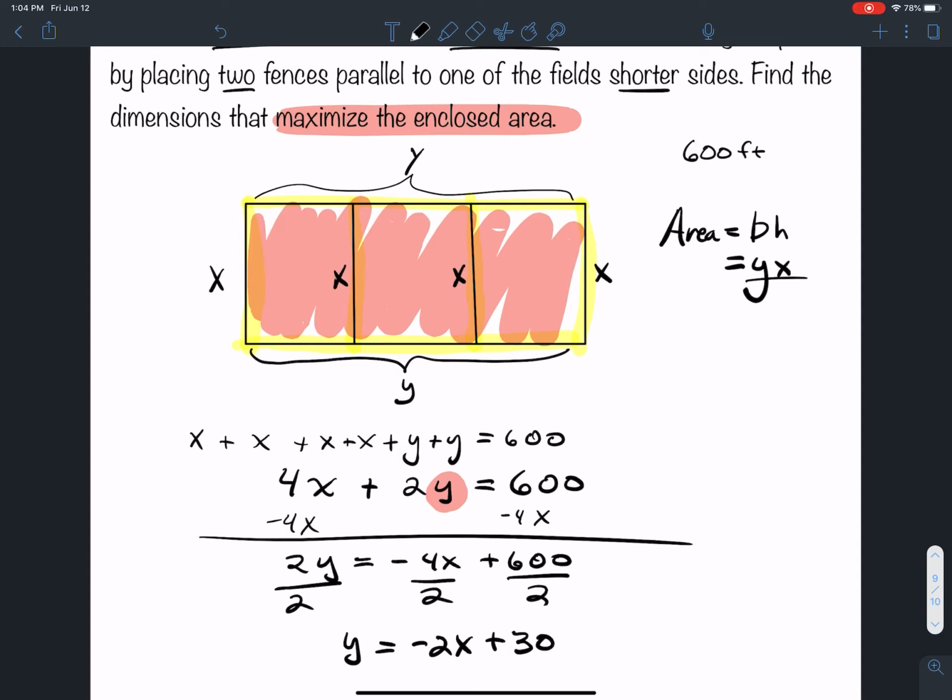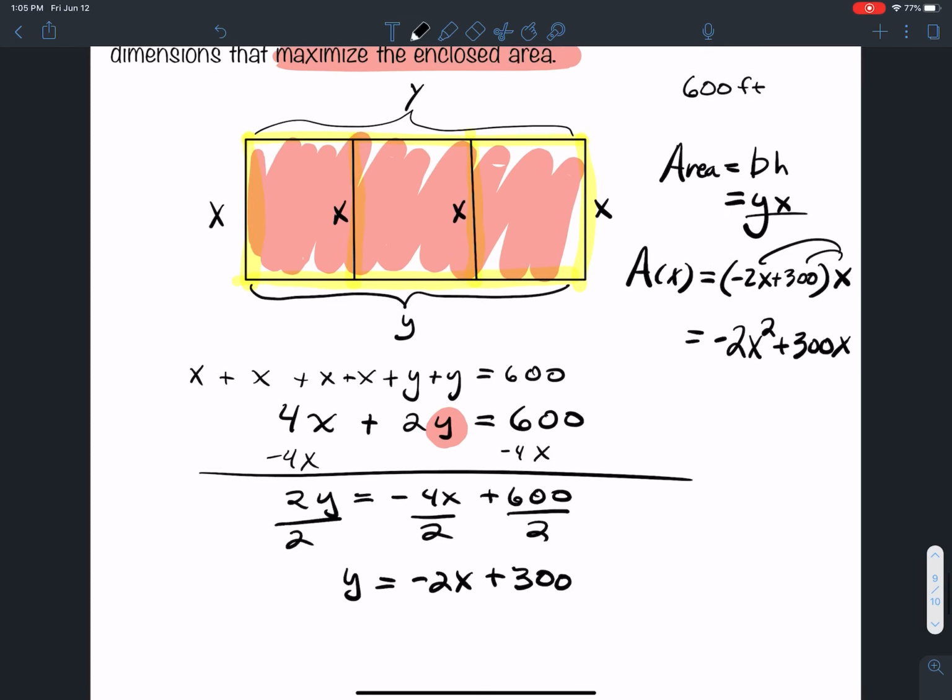So what does this tell me? My area function is equal to negative 2X plus 300 times X. I'm going to distribute the X in. This gets me negative 2X squared plus 300X. So what does this look like?